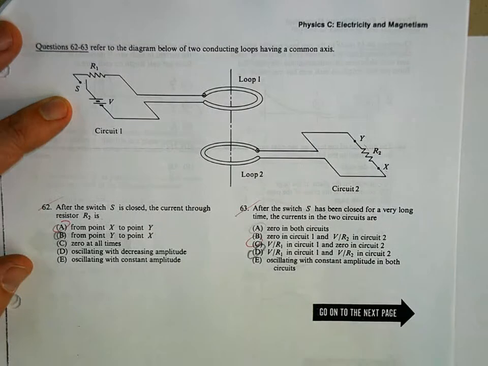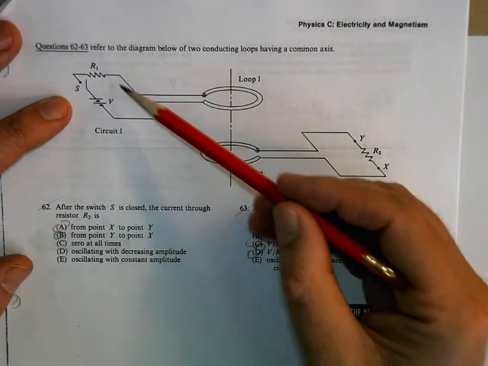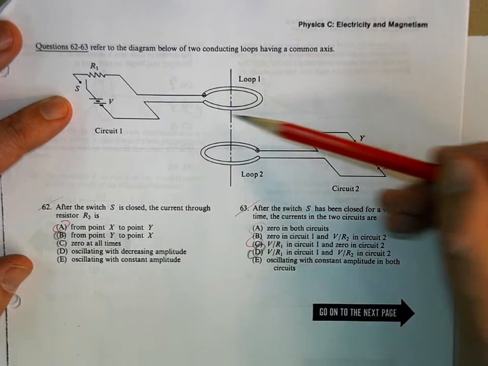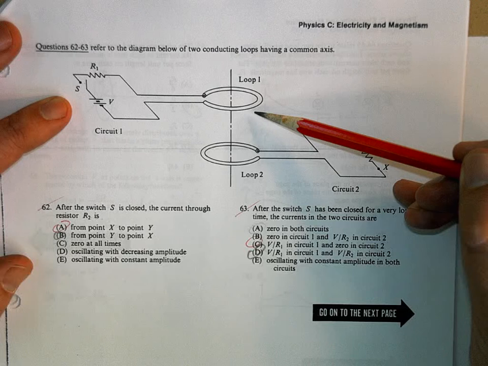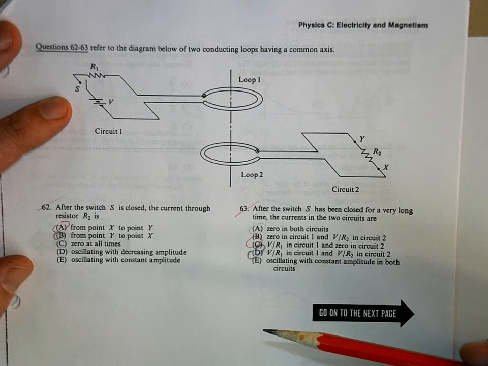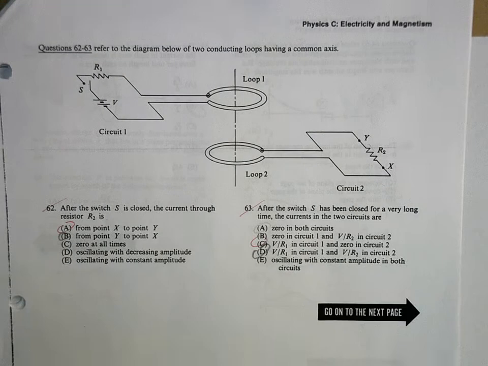When you have a rush of current through loop 1, it is going to create a magnetic field. That magnetic field is going to change with time. It starts from nothing and it's going to go up to its maximum.